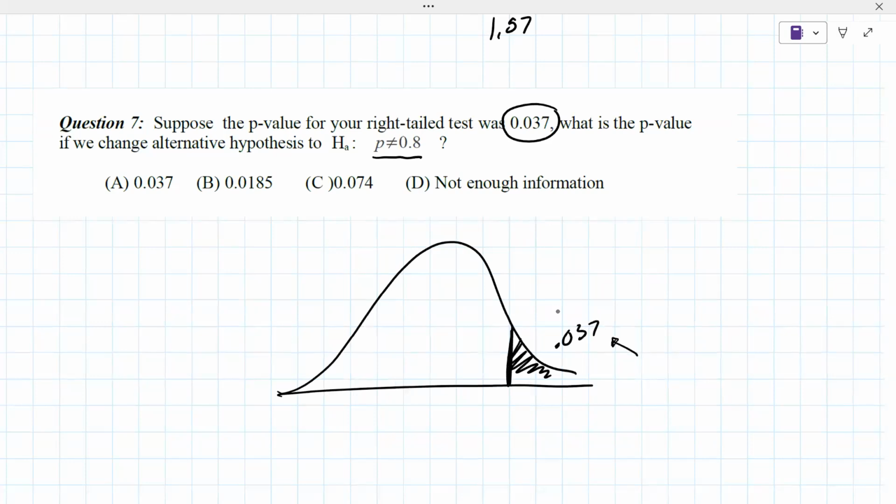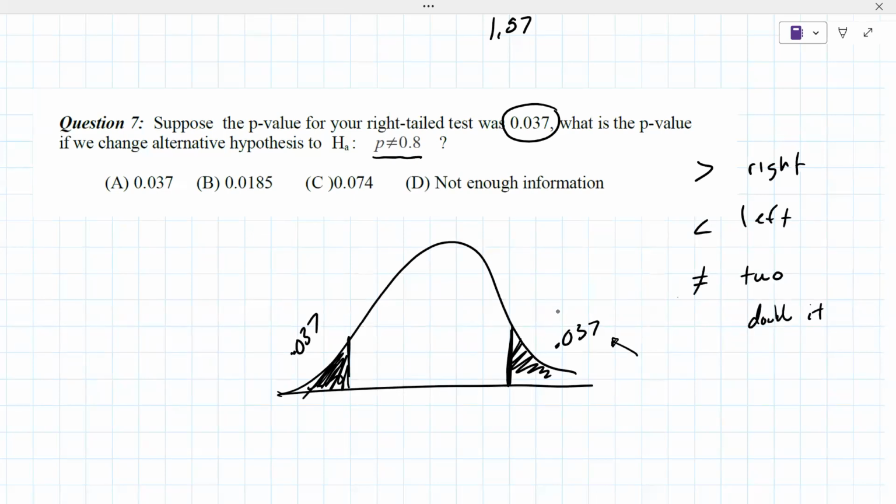Don't you have to, I believe, add or not? You double it. Yeah. So you want to make some sort of a note that when this is right, this is left, this is two-tailed, and you might make a note that you double it. Subtract from 1.